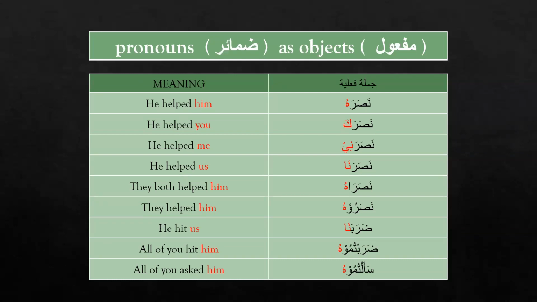So we are not saying Nasarani with ee, because ee, the attached form of ana, is only used with the ism and not with the fi'l. So here we will write nee for the fi'l. Nasarani. He helped me. All right.